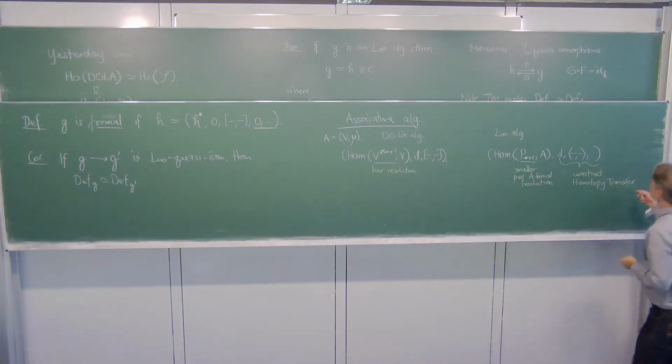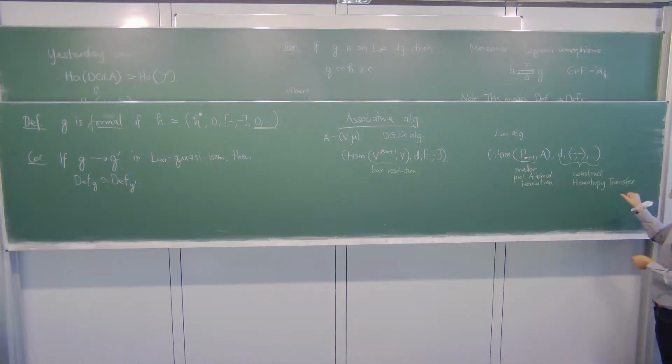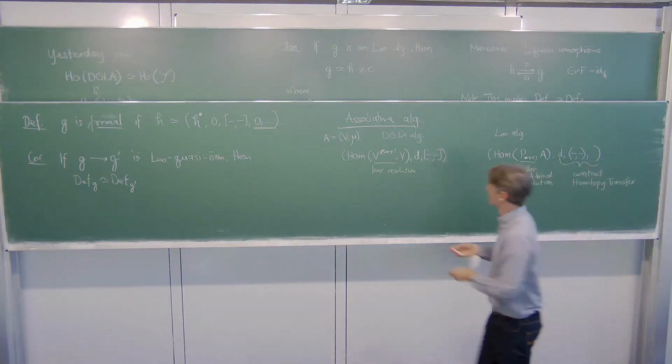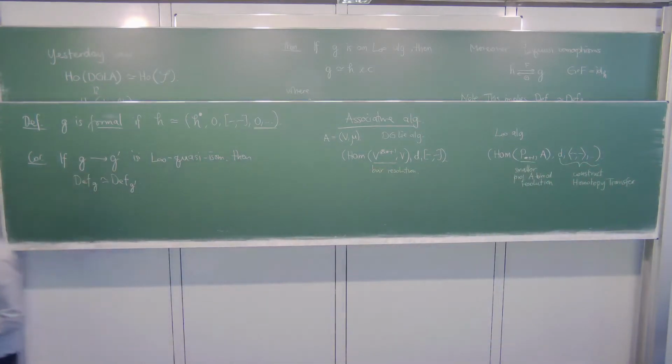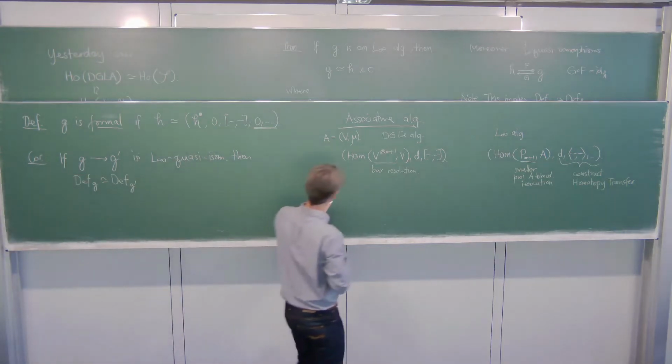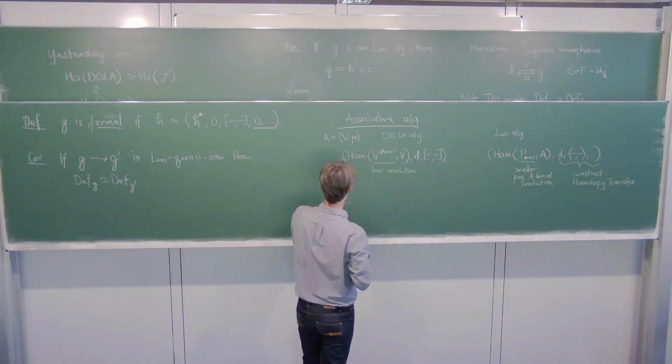So basically, the left-hand side is very big, and the right-hand side could be smaller if you choose a small resolution. And that's something we saw yesterday in Philip's talk.